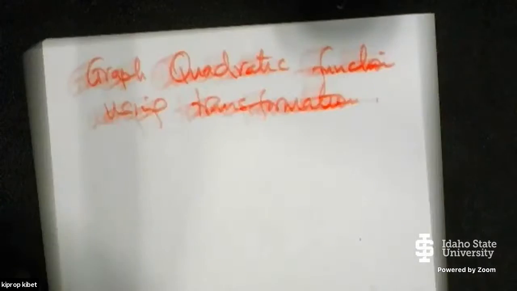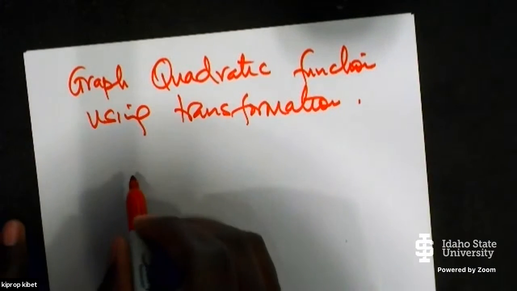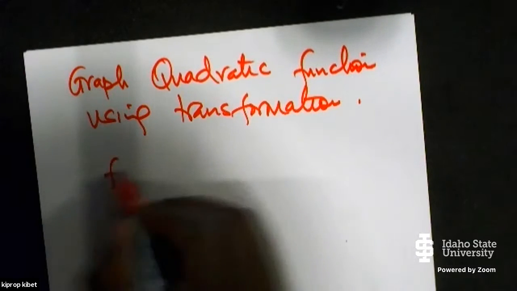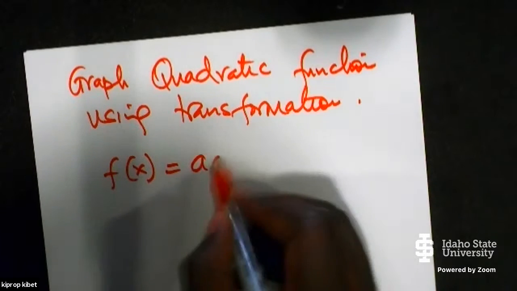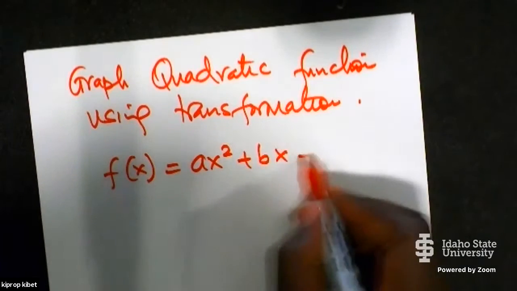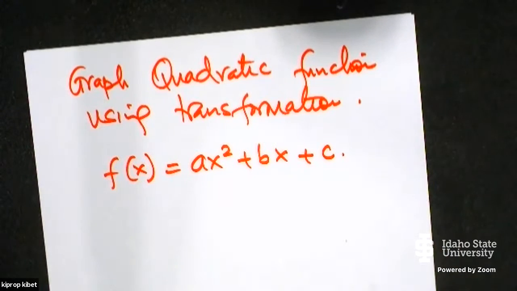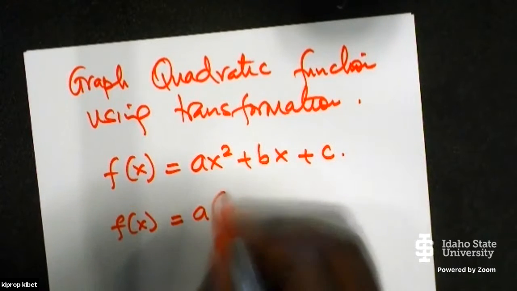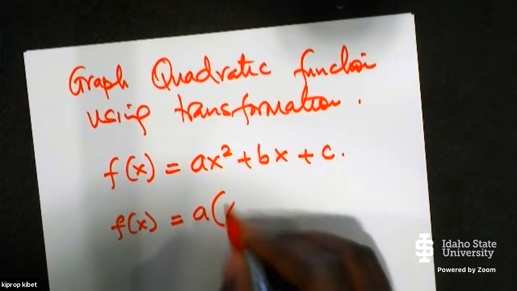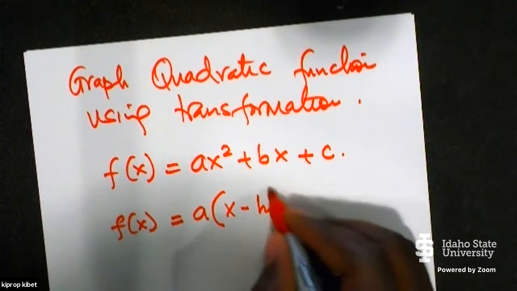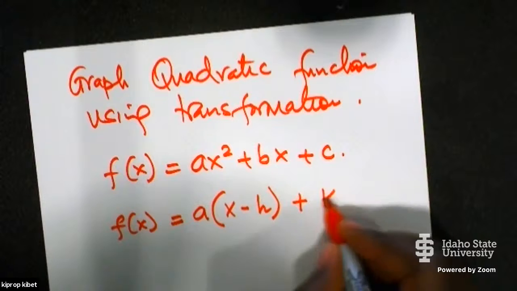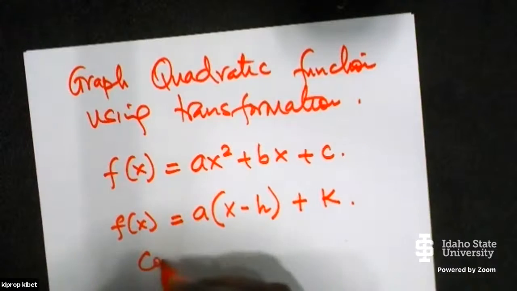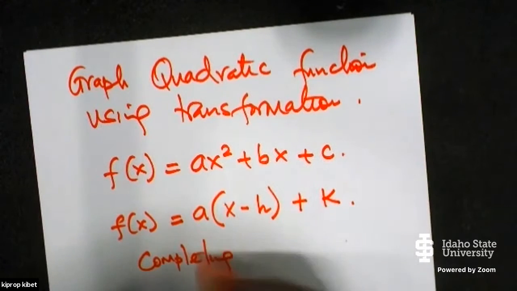If we recall what we did, we transform the function f of x equals ax squared plus bx plus c into the form f of x equals a times x minus h squared plus k, by completing squares.